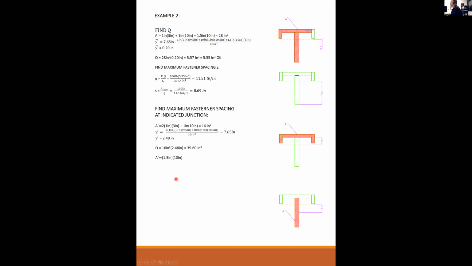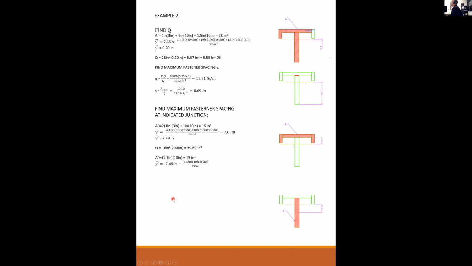Now, if I find Q by coming at it from the bottom side, then the area of the web is 1.5 times 10 high, so A is 15 inches squared.